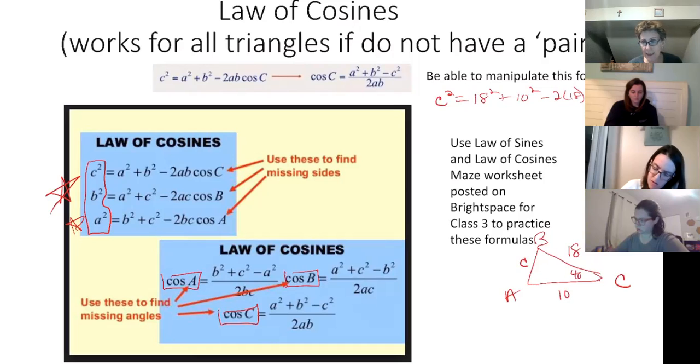So since you really want C and not C squared, I'm going to say second square root, and then 18 squared plus 10 squared minus 2 times 18 times 10 times the cosine of 40. And that's all under that square root. And the reason why I'm doing that is because when I hit enter, that is my answer. I'm not then trying to copy that down and then do premature rounding. So I'm getting C equals 12.2.